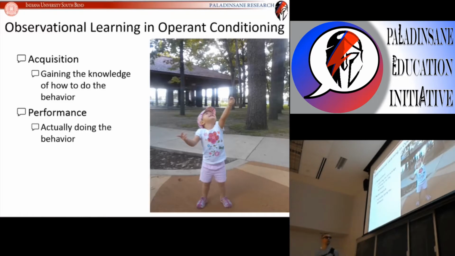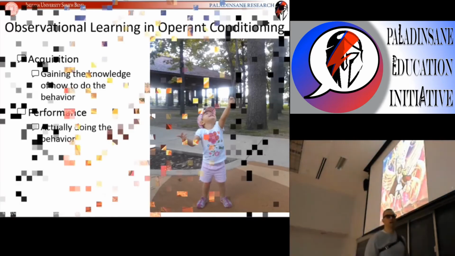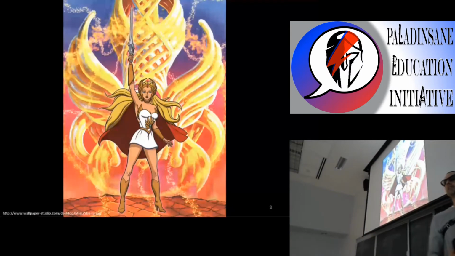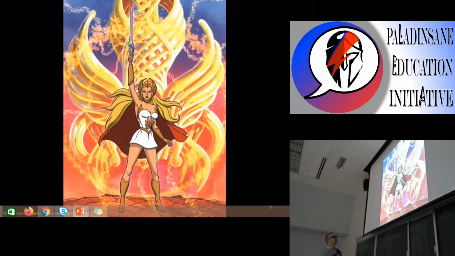That's the performance side. As we saw with the example of my daughter, she learned how to do this particular move here from watching the She-Ra cartoon. As we saw last time, if you just take a look at exposure to models, she had the opportunity to observationally learn from She-Ra.